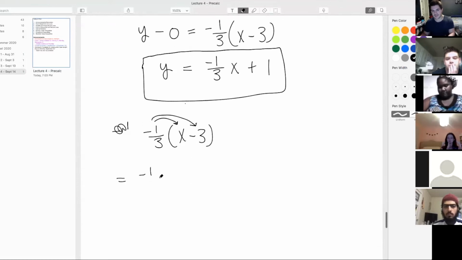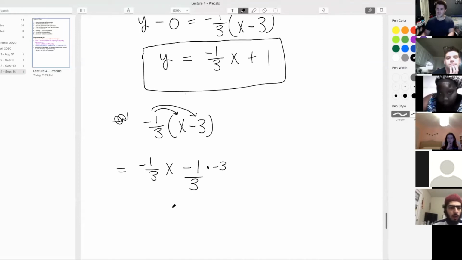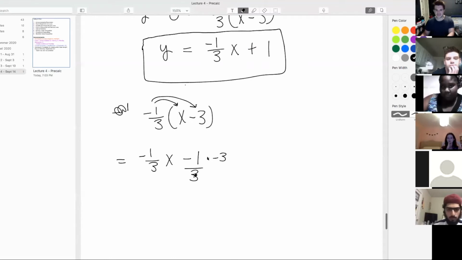So that's negative 1/3 x. And then I have negative 1/3 times negative 3. Then you can just cancel out the 3 with that 3, and you're just left with negative 1 times negative 1.